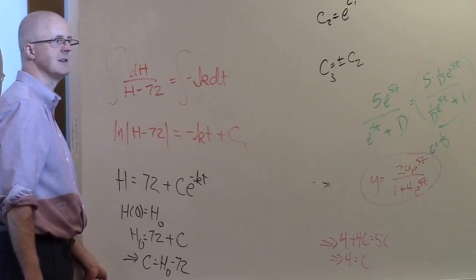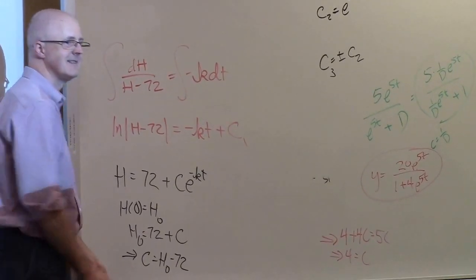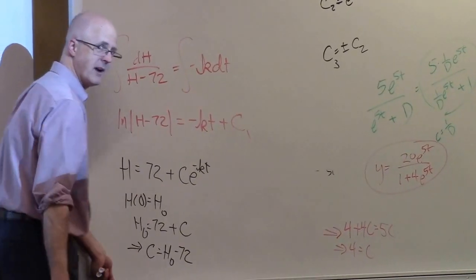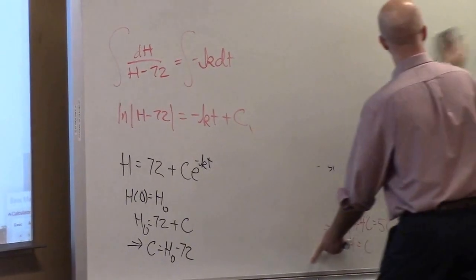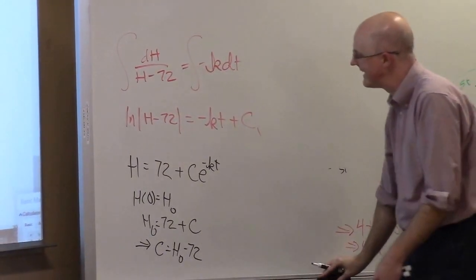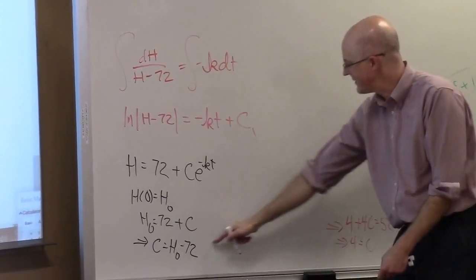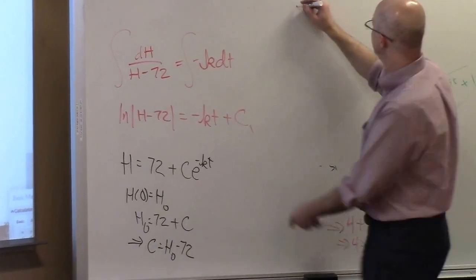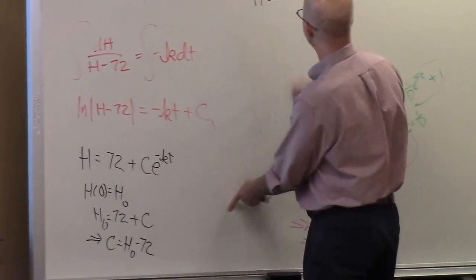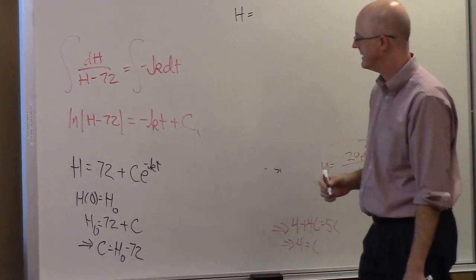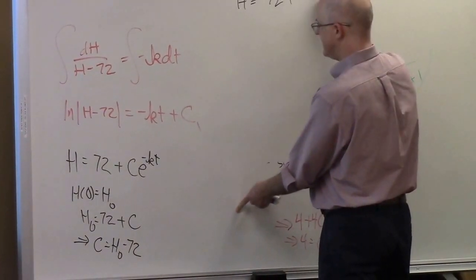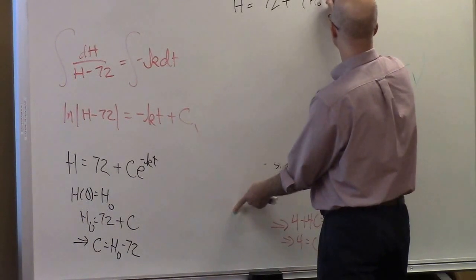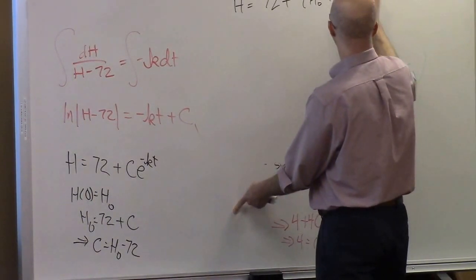That's what I'm using H for. Gotta humor myself somewhere, right? And then replace C with that. Your unique solution of an initial value problem where the initial coffee temperature is H sub 0 would be 72 plus, in parentheses, H0 minus 72 times e to the negative kt.